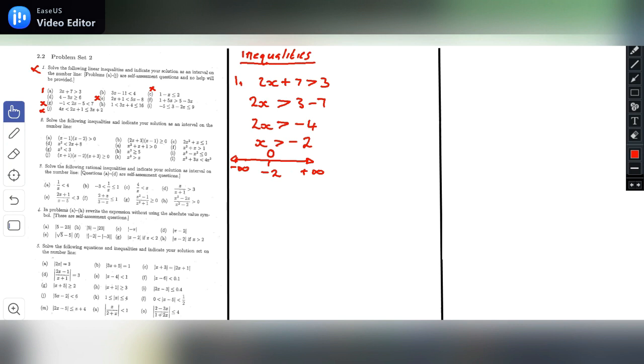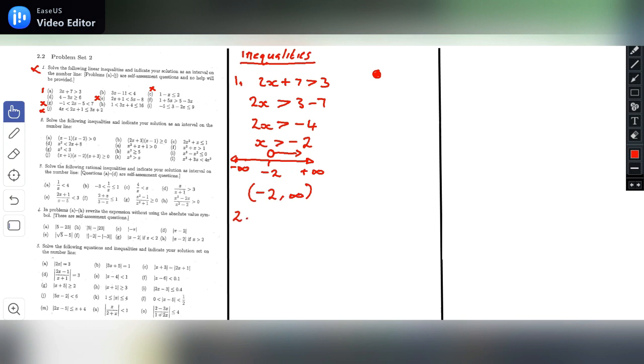If it was a closed interval, we would use a shaded circle, right guys? Then it has to go to the positive infinity side, because the sign says x is greater than negative 2. So when we write it, we have negative 2 to positive infinity. That's it for the first question.